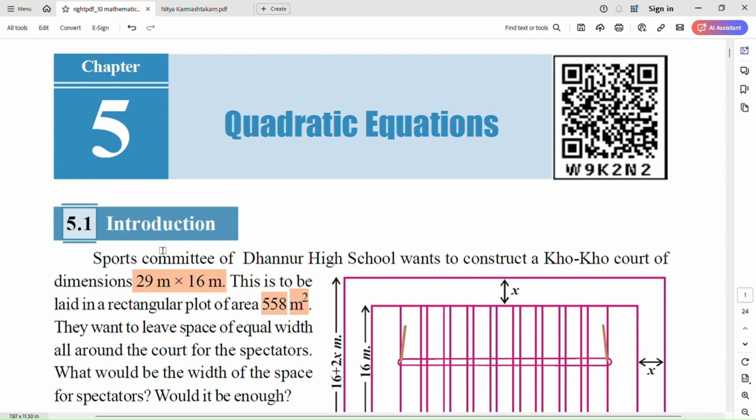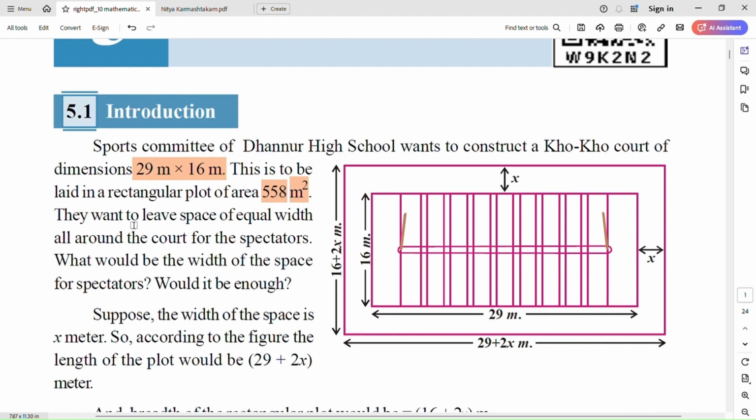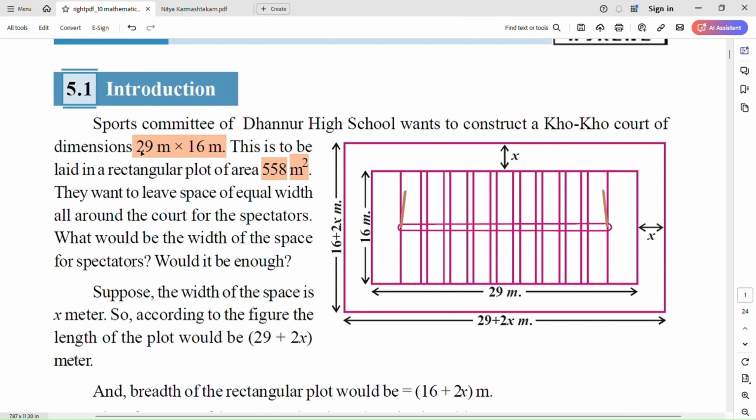As I said, we will be following the book from the Telangana class 10th mathematics book. This is chapter 5 on quadratic equations. So let's take some real life situations.